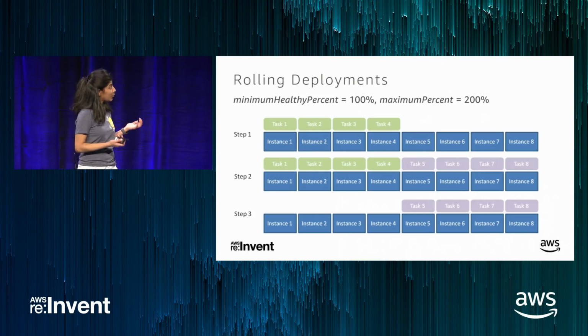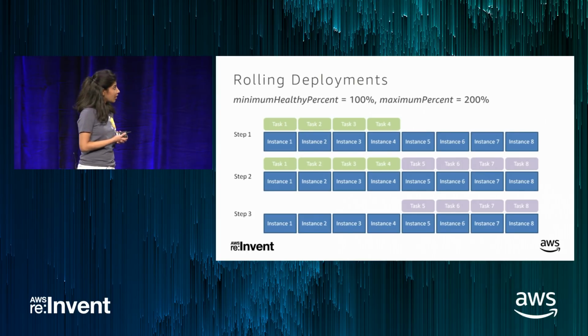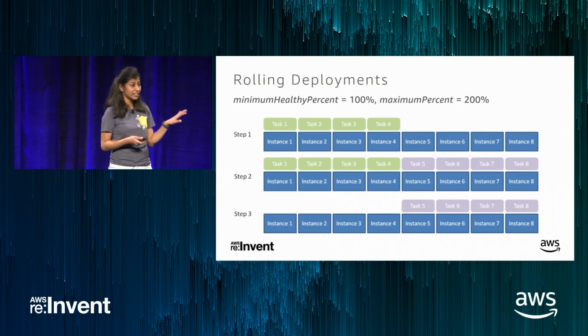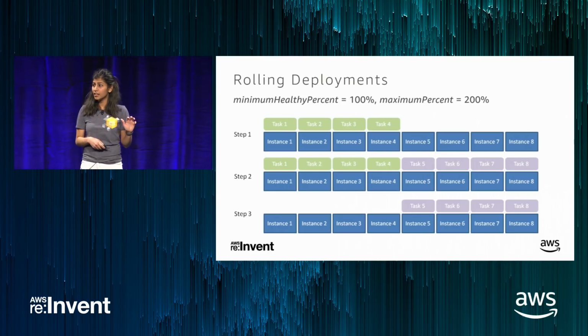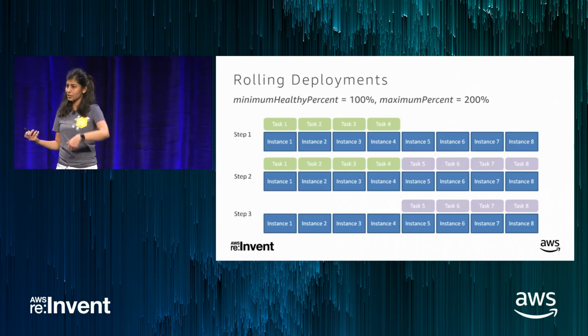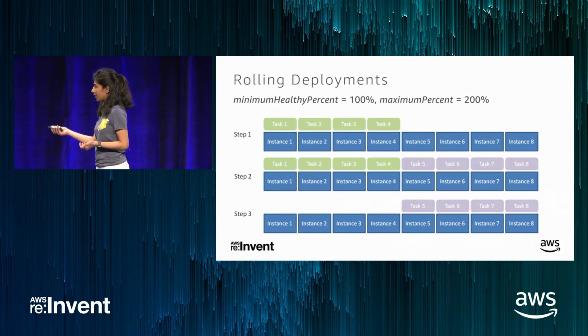Another example is to look at when the minimum healthy percentage was 100%. What happens at that point? All the green ones are kept as they are, and new purple ones are launched. That's what you see in step 2. And when the purple ones come up, the green ones are turned down, and then your service is stable again.